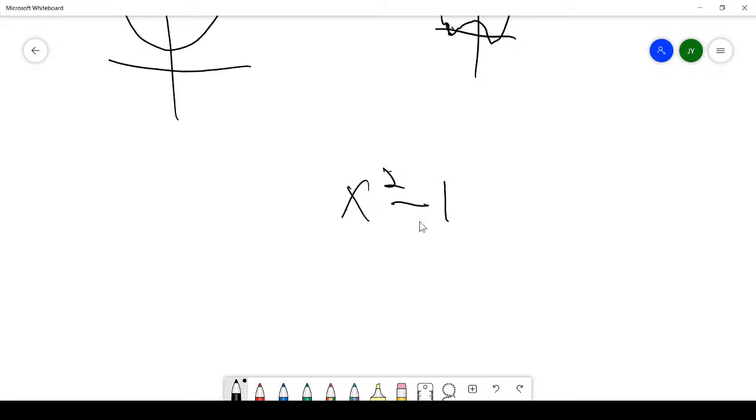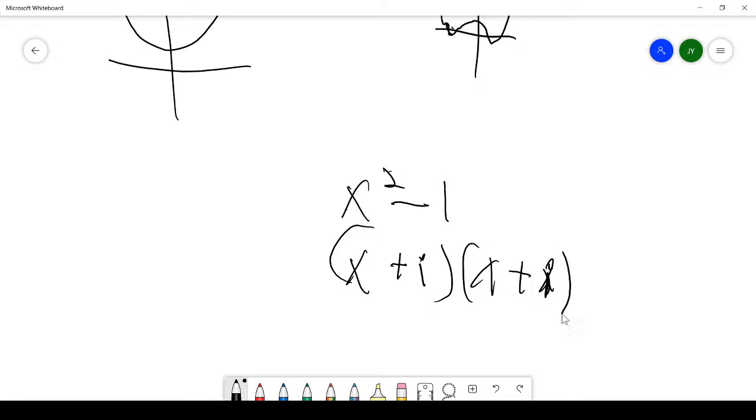For example, if we do this, this becomes x times x plus i, does it?